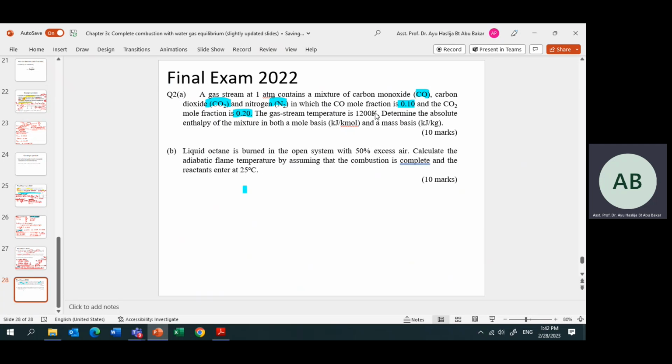The gas stream temperature is 1200. It asks you to determine the absolute enthalpy of the mixture in both mole basis and mass basis. Refer to the slides. There is one slide that discusses the absolute enthalpy.